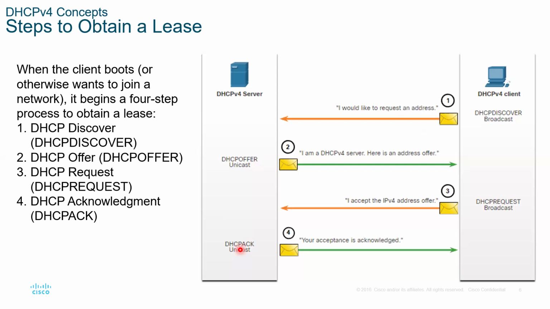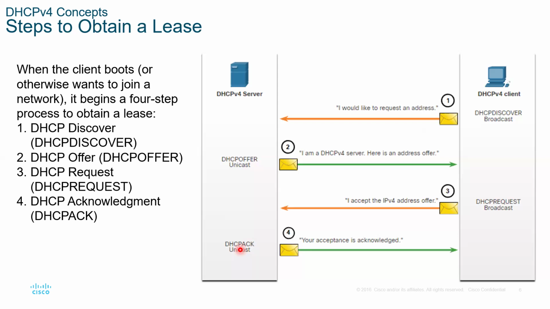Then obviously we have the acknowledgement from the server which offered the IP address, acknowledging that its IP address has been taken up. So from the pool of addresses that it had, one of the IP addresses has been taken up. If you understand this process, you realize it's all done so that we don't have duplicate addresses.